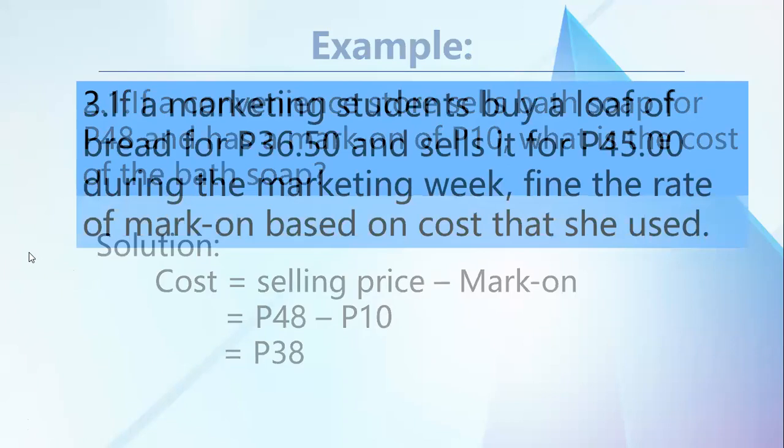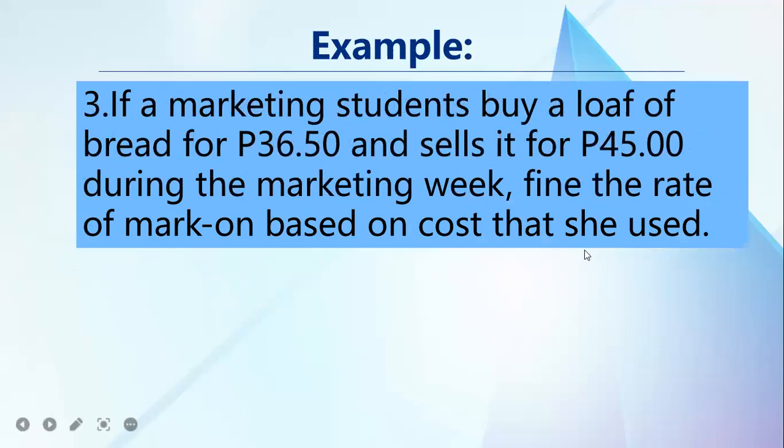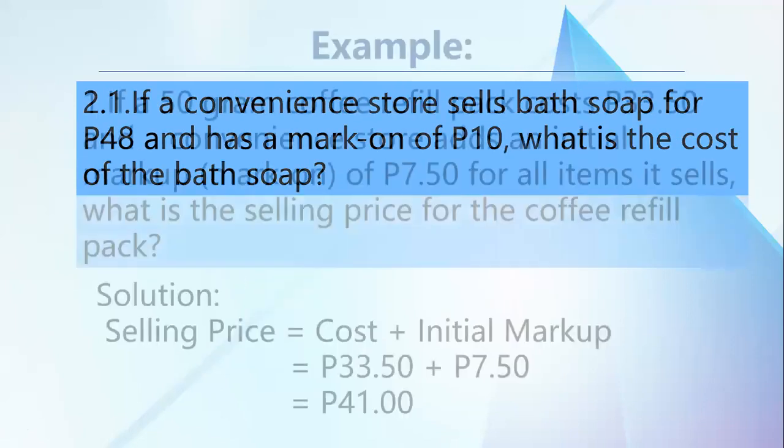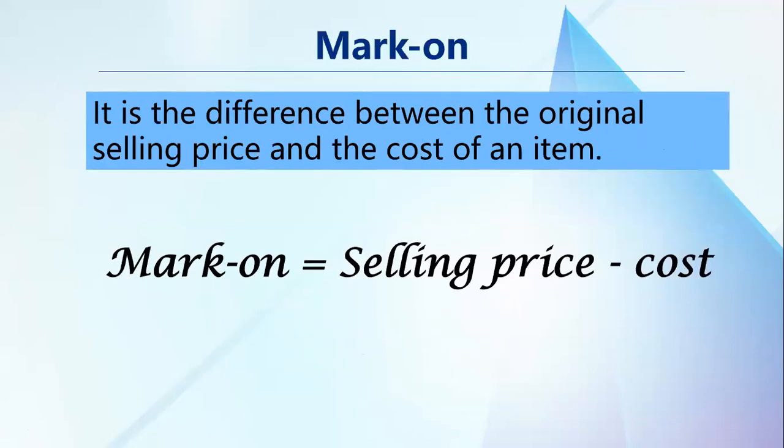So again, if you go back to the formula given earlier, mark-on is equal to your selling price minus cost. So here, cost is what we are looking for. So to find the cost, we manipulate the formula given. Earlier we looked for the selling price.